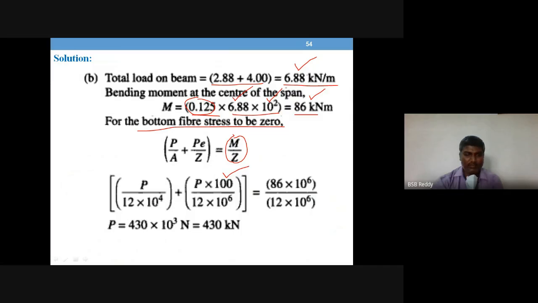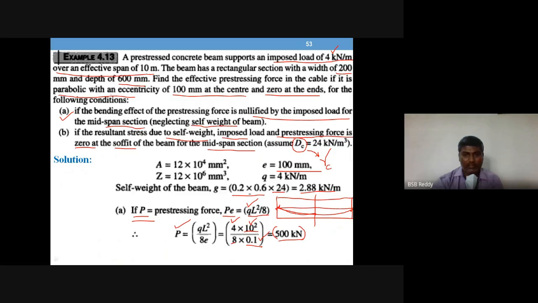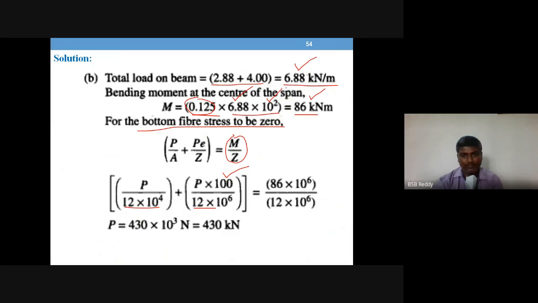E substitute 100 mm, the cross sectional area, the Z value. Okay, so cross sectional area is 12 into 10 power 4. Z is 12 into 10 power 6. So M is 86 and Z. So P is coming out to be 430 kilonewton.